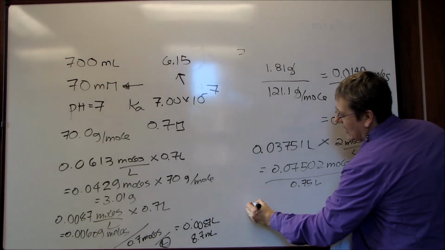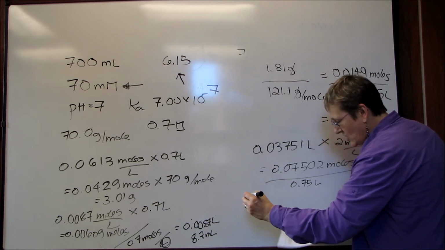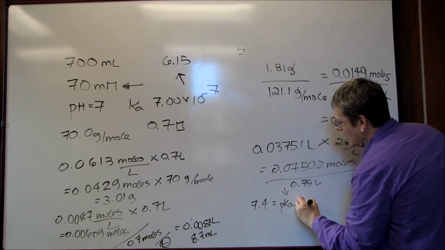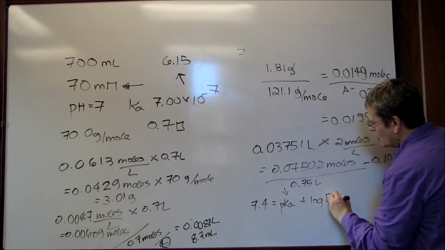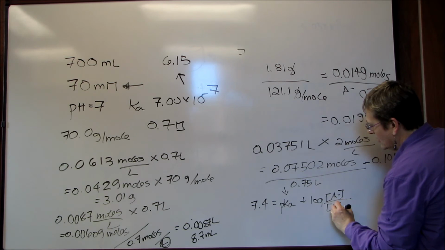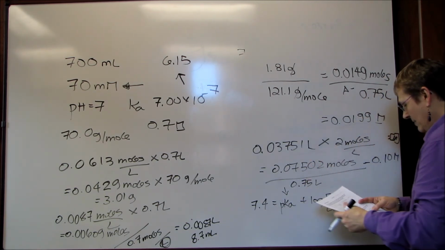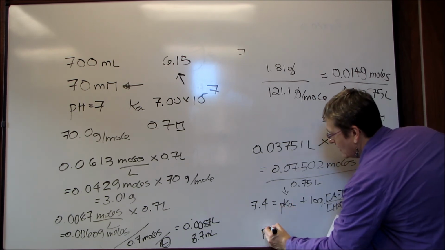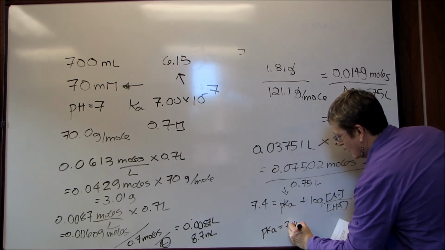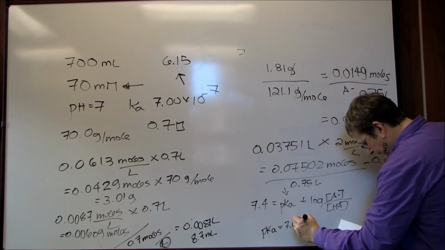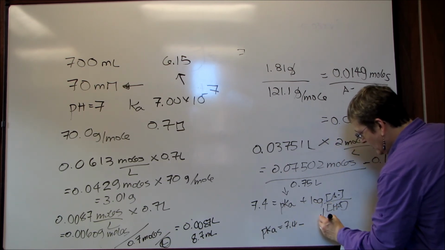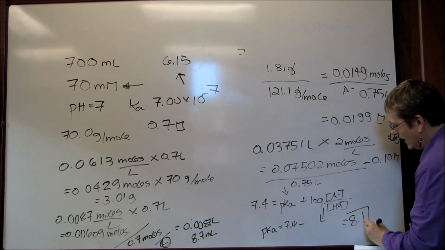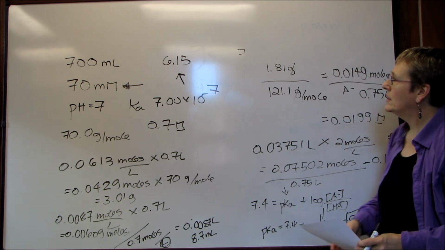Now I just use the Henderson-Hasselbalch: the pH in the question is given at 7.4, which is equal to this pKa, our unknown, plus the log of A minus over HA. If I substitute in my values here, I can solve for the pKa, and I come up with a pKa of 8.1 for that mystery weak acid.